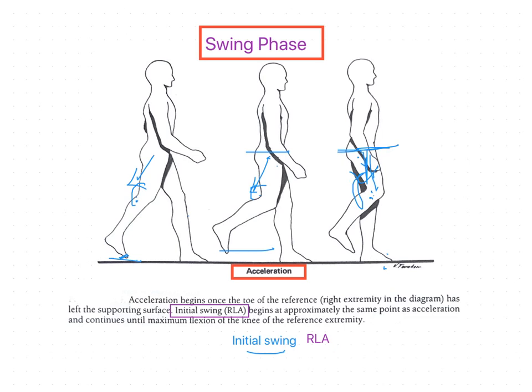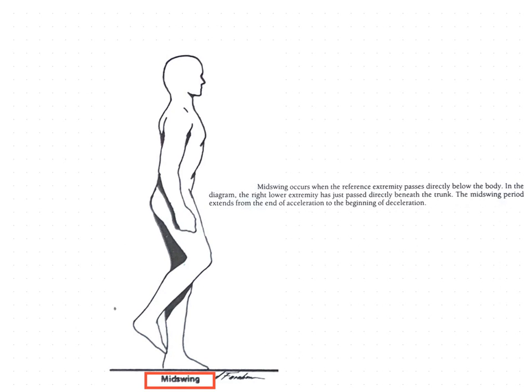So what is the next phase? That is called as mid swing. So now we will move on to the mid swing. Yes, this mid swing occurs when the ipsilateral extremity, that means the reference extremity, passes directly beneath the body. So here this is the final stage of the acceleration, that is the starting stage for mid swing.